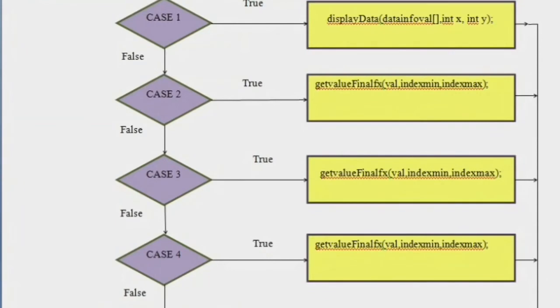Next, if the user selects option number 3, the function get value final fx, value, index min, index max will be called. This function is related to option number 2, where the value of final fx and x calculated is used. The reason for this function is to save the values the user needs in the form of a file. The result will be saved into a file named final fx .txt.